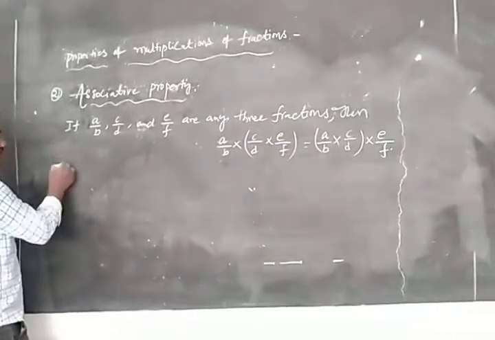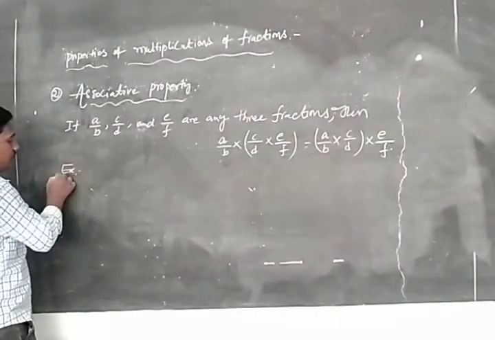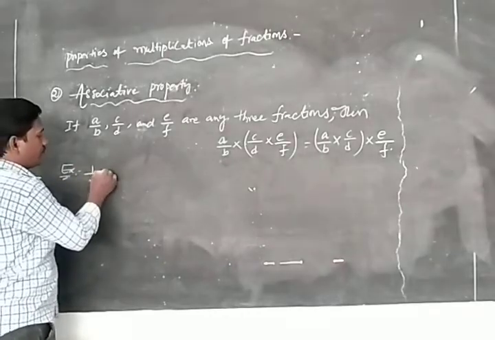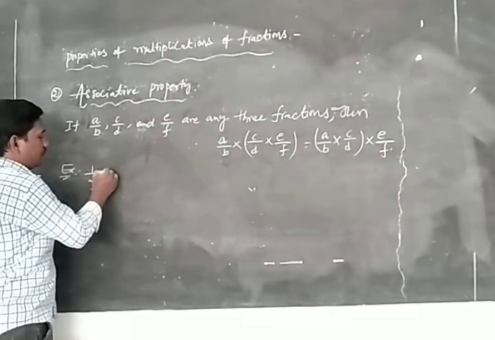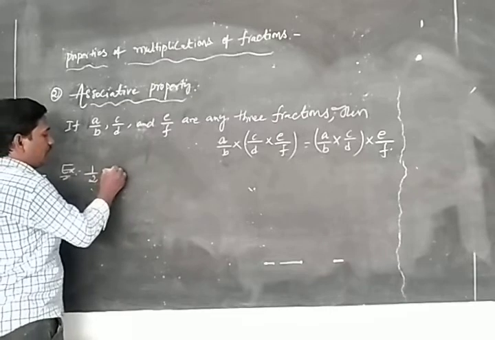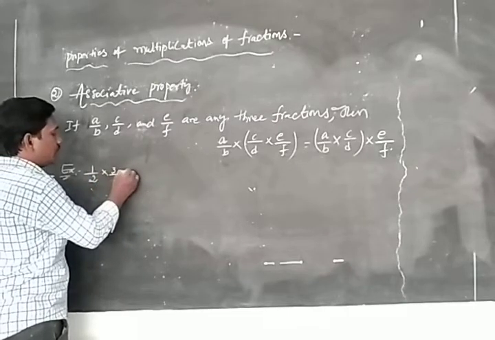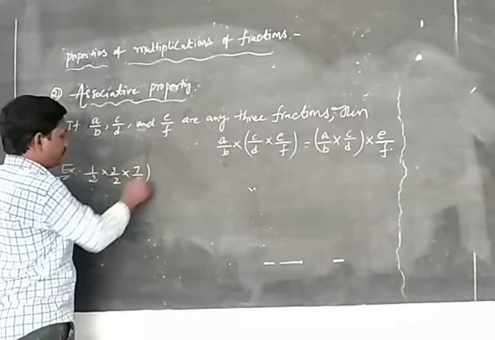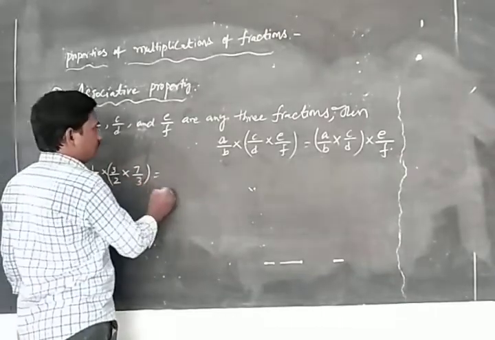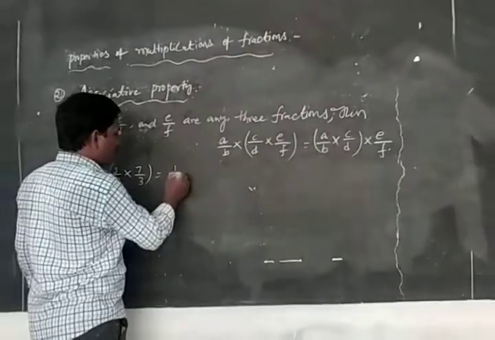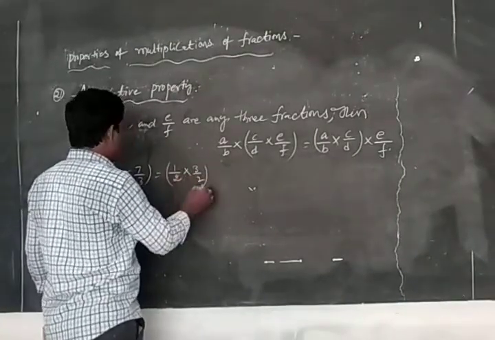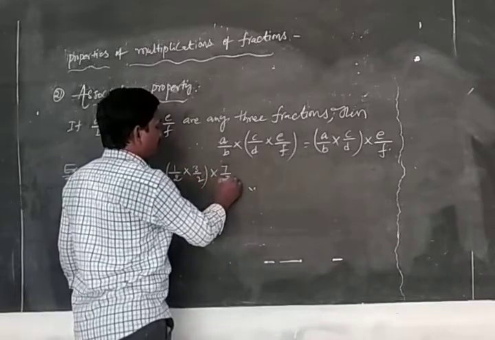For example, take any three fractions: 1 by 2 into 3 by 2 into 7 by 3 equal to 1 by 2 into 3 by 2 bracket into 7 by 3.